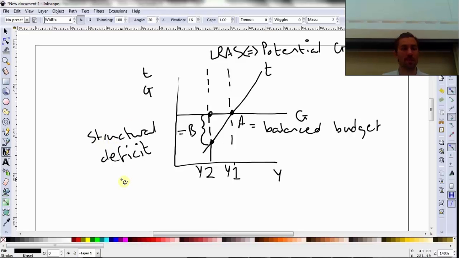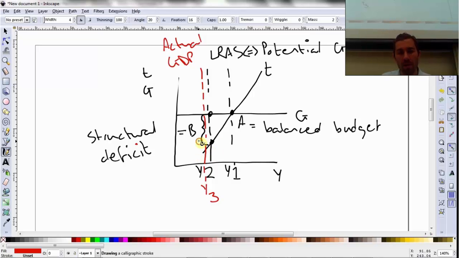Yeah? What happens now if our actual GDP is Y3? Okay?